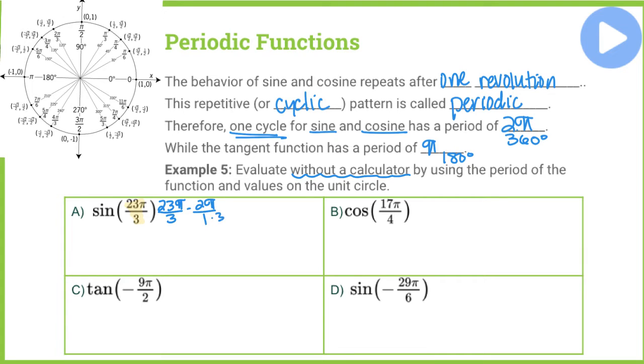We need a common denominator, which would be 23 pi over 3 minus 6 pi over 3. That gives us 17 pi over 3, which is still not on the unit circle. So we're going to keep subtracting 6 pi over 3 until we get a value that is on the unit circle.